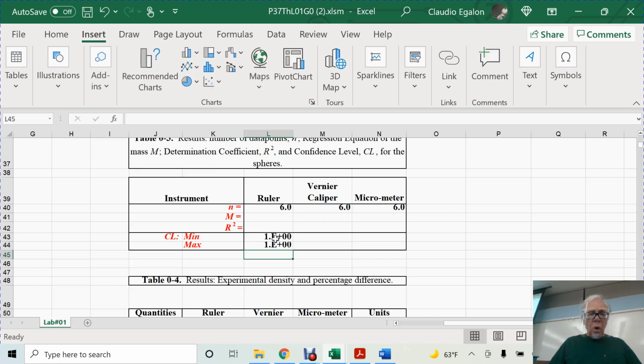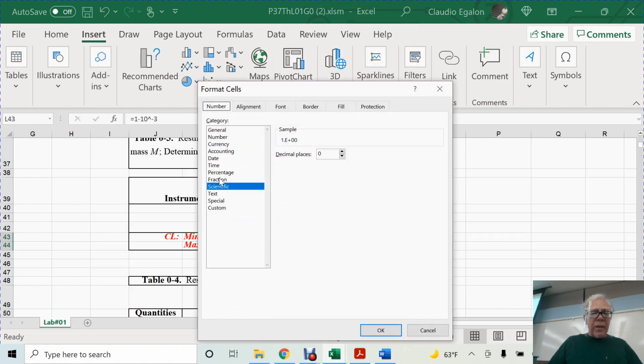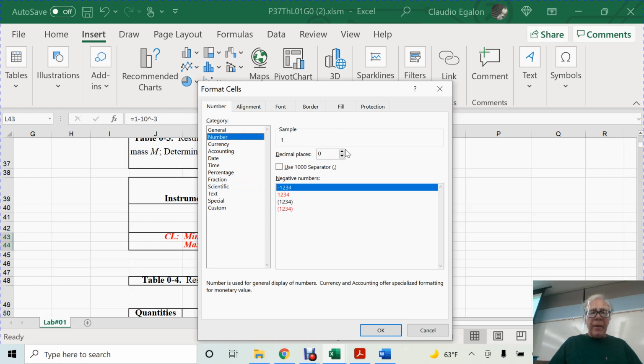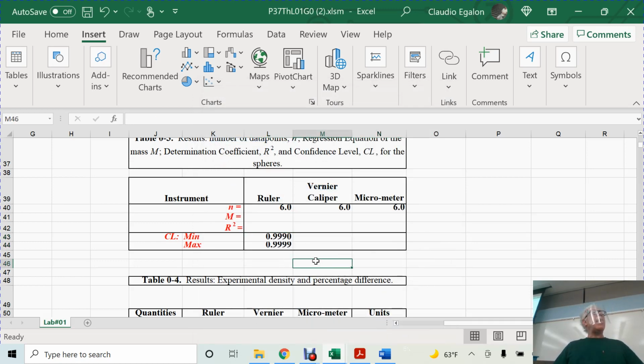Don't forget to change the format of those cells so you can see, put it in numeric format and put in this case 4, 5, or yeah, I believe we need only 4. Now you can see the actual number, right?